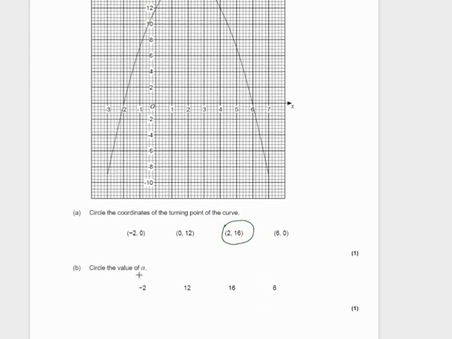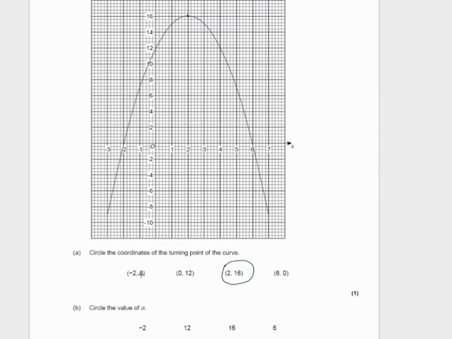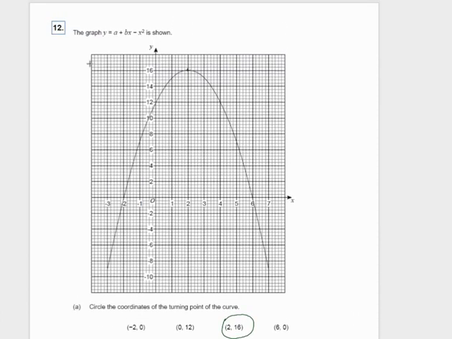Next, it says circle the value of a. Let's just go back. What the heck is a? It says the graph y equals a plus bx minus x squared is shown. Now, notice how a is the only thing that doesn't have an x next to it on the right-hand side. So if you were to substitute x equals 0, this essentially gives you the y-intercept.